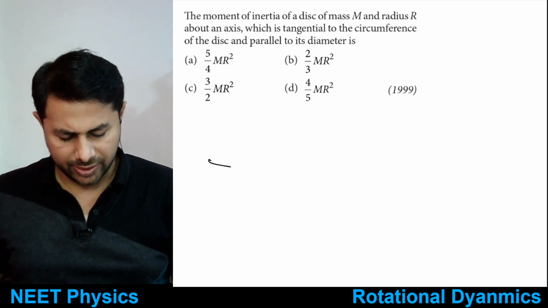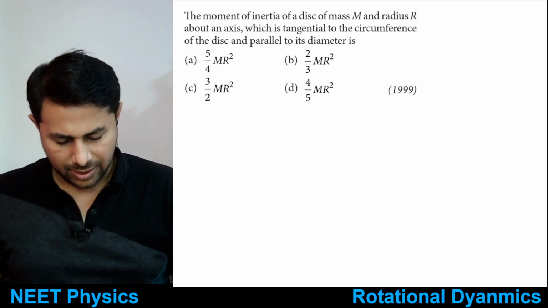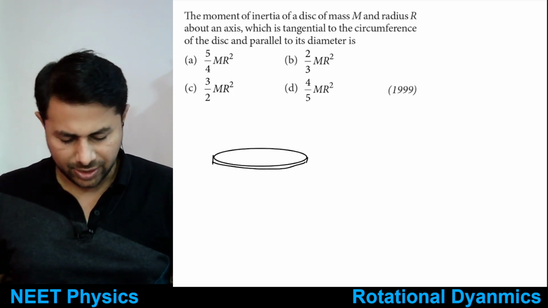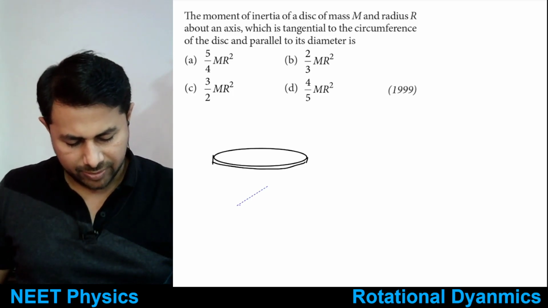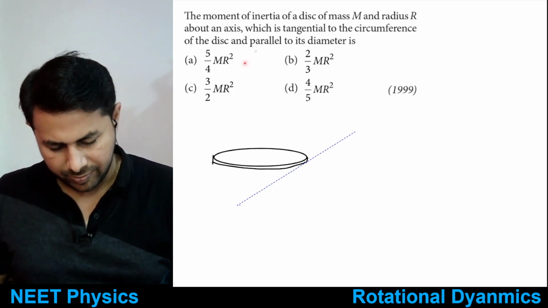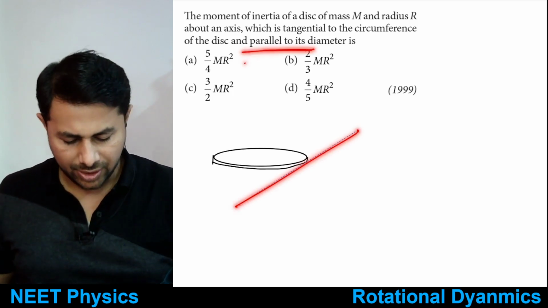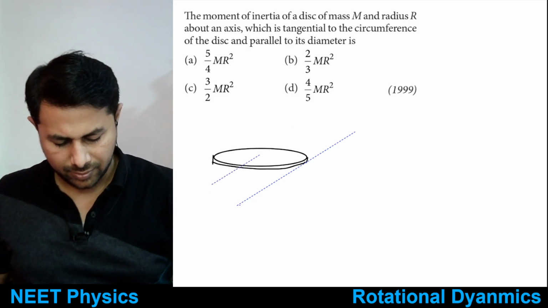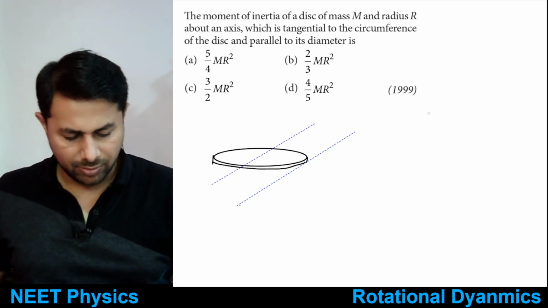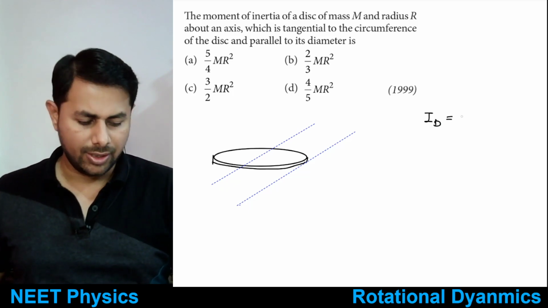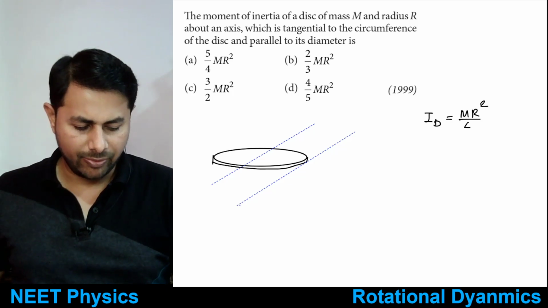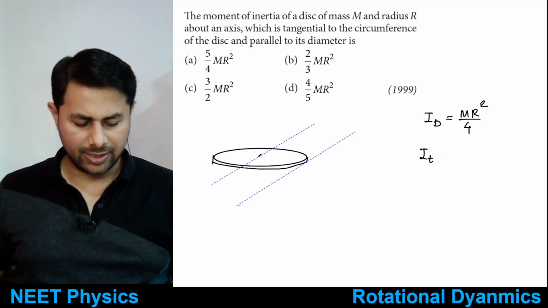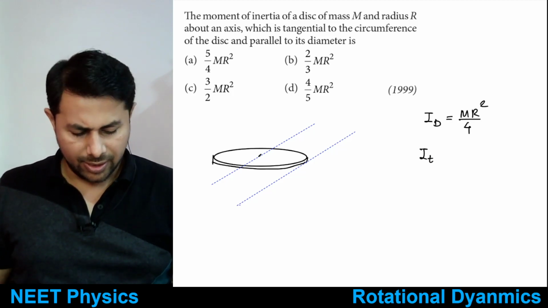So you have a disk and you want its moment of inertia about an axis which is tangential but parallel to the diameter. The moment of inertia about the diameter, for the disk, is mr square by 4. And you want the moment of inertia about the tangential axis. Actually we found it in the earlier problem, right?